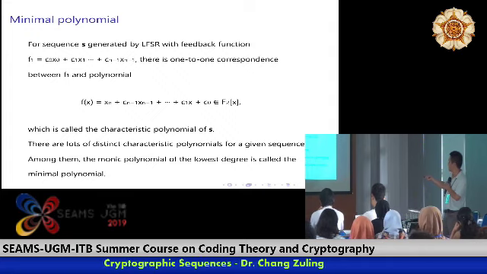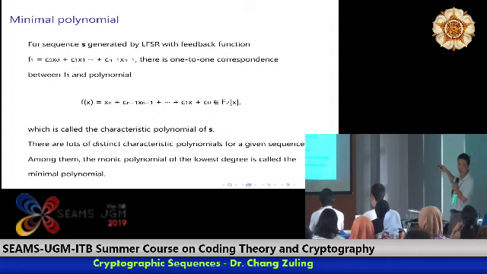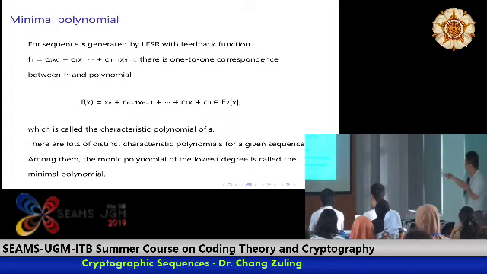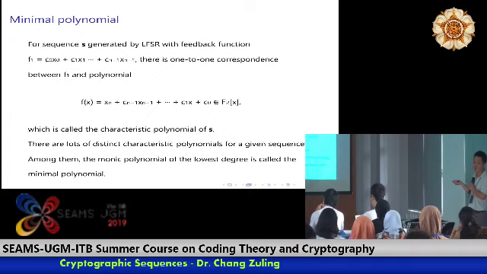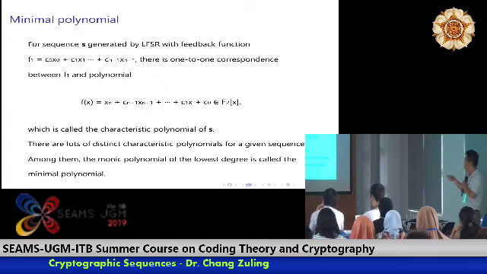This function and this polynomial are in one-to-one correspondence. That polynomial is called the characteristic polynomial of the sequence S.